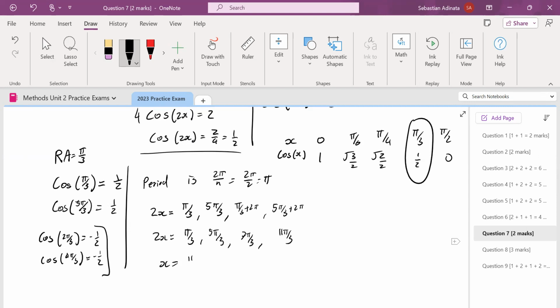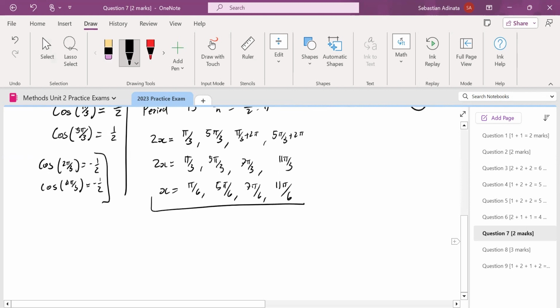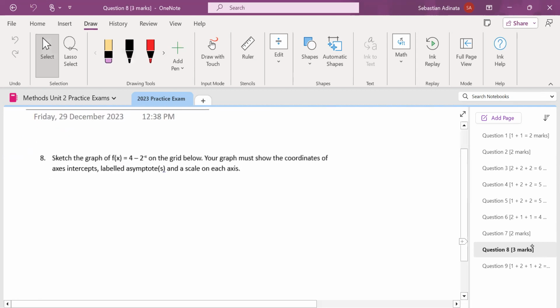Meaning x is going to be pi on 6, 5 pi on 6, 7 pi on 6, and 11 pi on 6. And here is our answer. The next part is going to be sketching it. I'm going to make our own grid below.